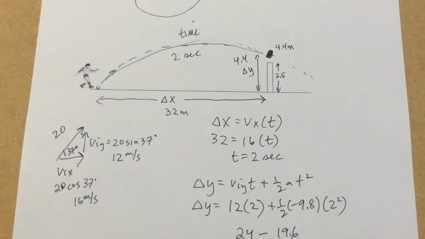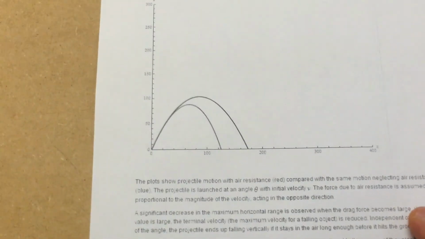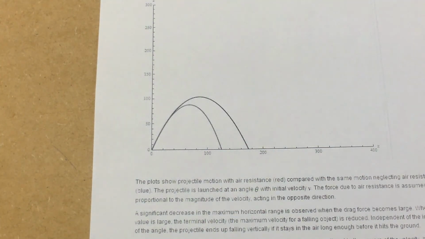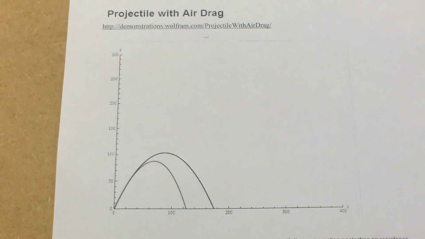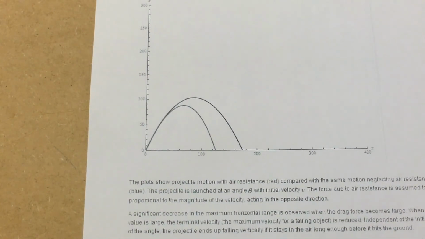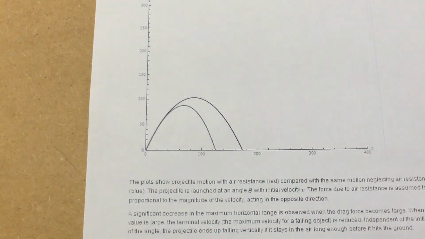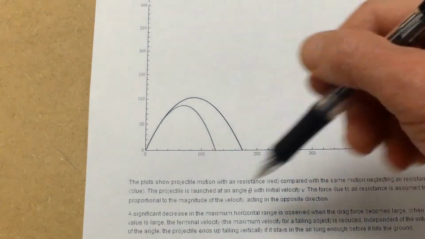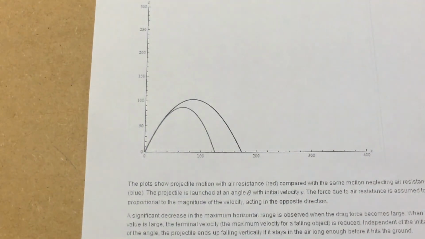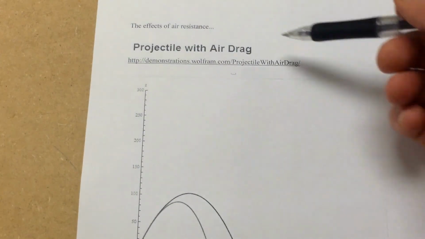Now, I've got one more page on the notes. It's page 10. I won't really spend a lot of time with this, but on our planet we have wind, we have atmospheric resistance. What exactly does the atmosphere do to a trajectory? Well, there's some software you can get that you can actually plot different trajectories with and without air resistance, which is also called drag.